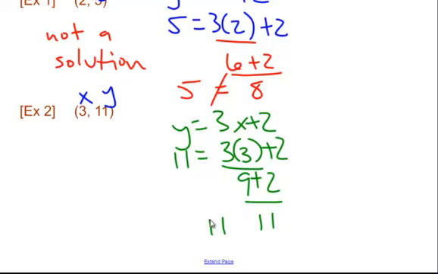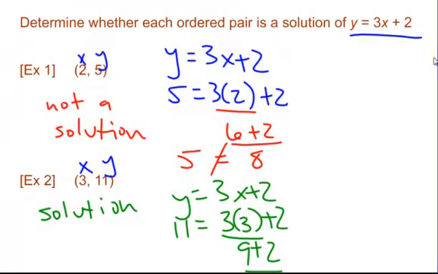So 11 equals 11, so we're happy. So that is a solution. So basically what this means is if we graphed y equals 3x plus 2, we would see the line go through (3, 11), but not through (2, 5). Let me show you that.